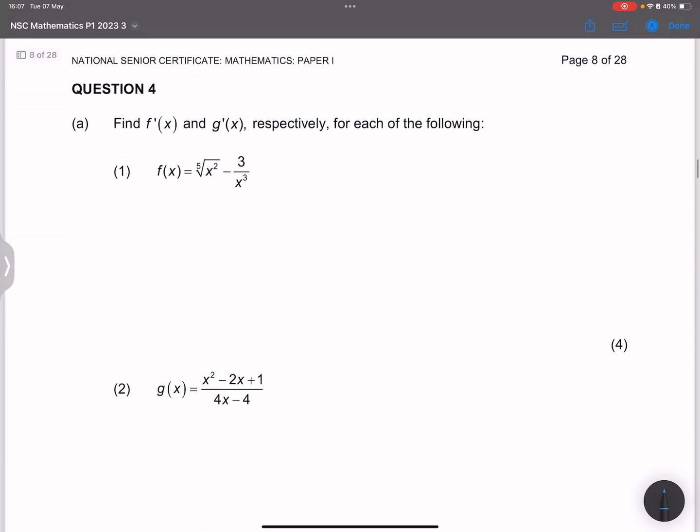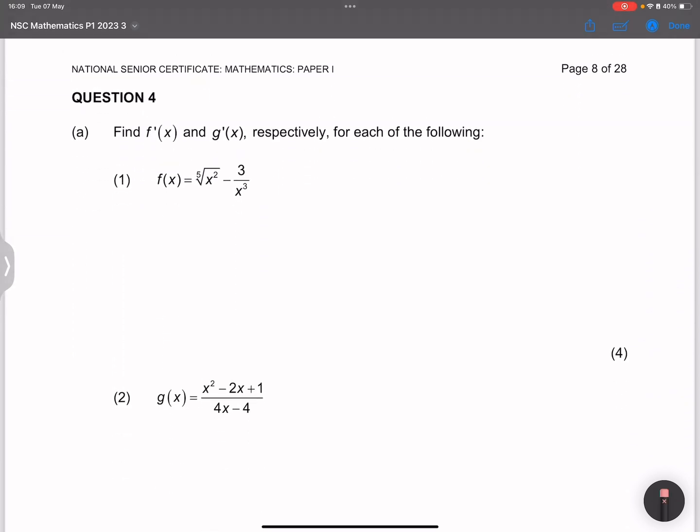Question 4. Find f prime of x and g prime of x respectively for each of the following. Now please remember, before you take the derivative, the first thing that we ought to always do is to make sure that you remove all the surds, you remove all the brackets.